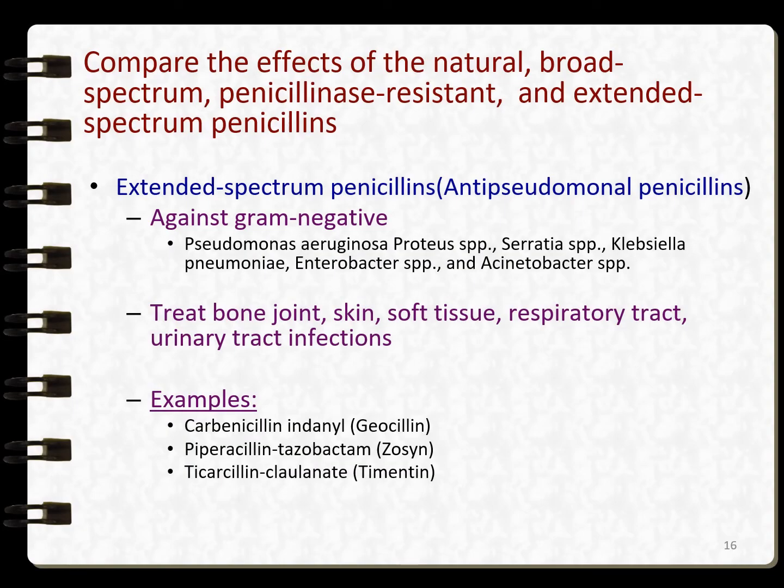Table 26.3 in your text actually lists all of your penicillins. It lists your basics, your broad spectrum, the penicillinase-resistant, and the extended spectrum penicillins, which is what we're looking at right now. One that you're going to see pretty often in the clinical setting is Zosyn, or piperacillin. That's an extended spectrum penicillin, used to treat a lot of bone, joint, skin, soft tissue, respiratory tract, and urinary tract infections.